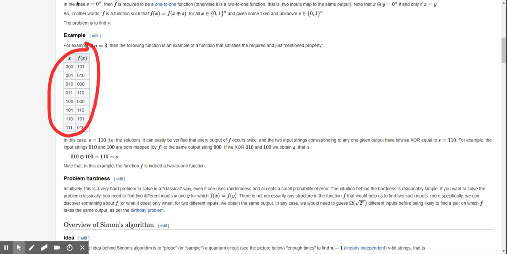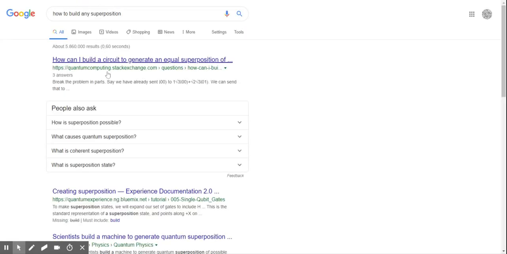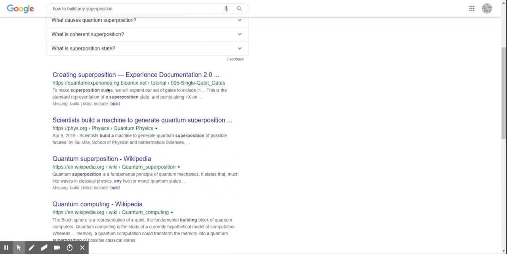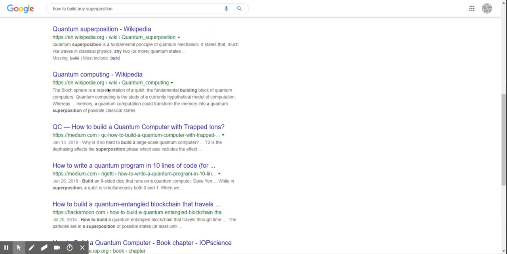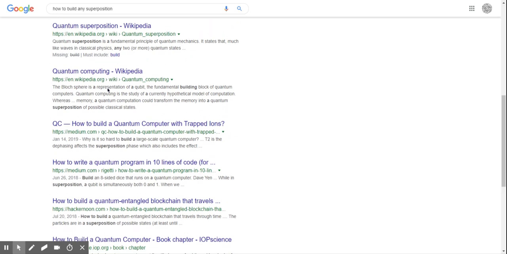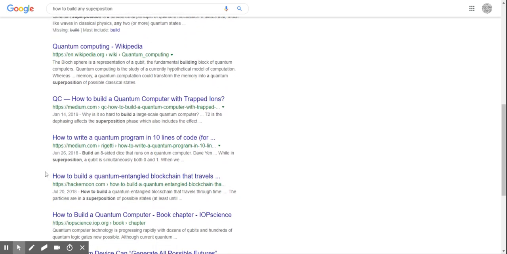Any superposition. No, current superposition, scientist build machine. Oh, come on. How about the quantum entangled blockchain that travels?